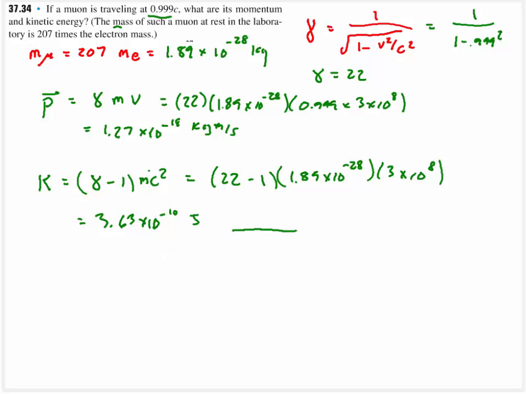And we could also do a really quick joule to electron volt conversion, where 1 electron volt is 1.6 times 10 to the negative 19th joules. And so we could also get this is going to be 2.27 times 10 to the 9th electron volts.